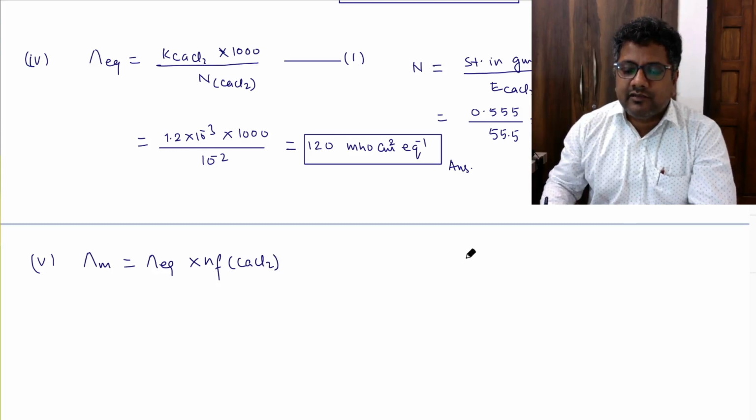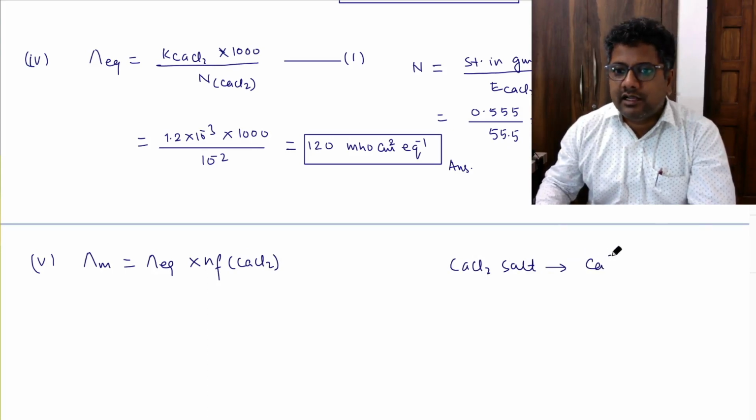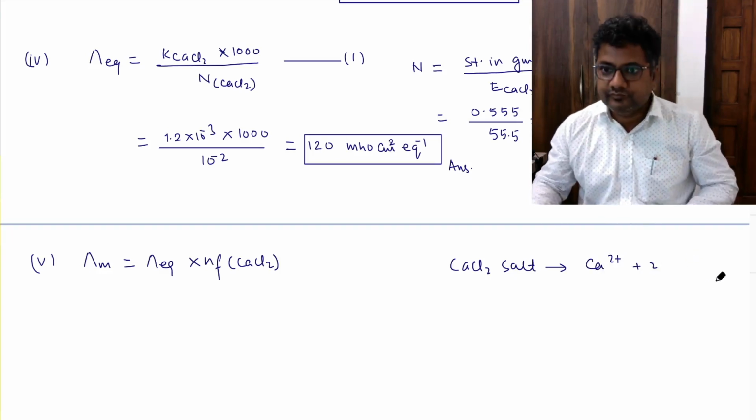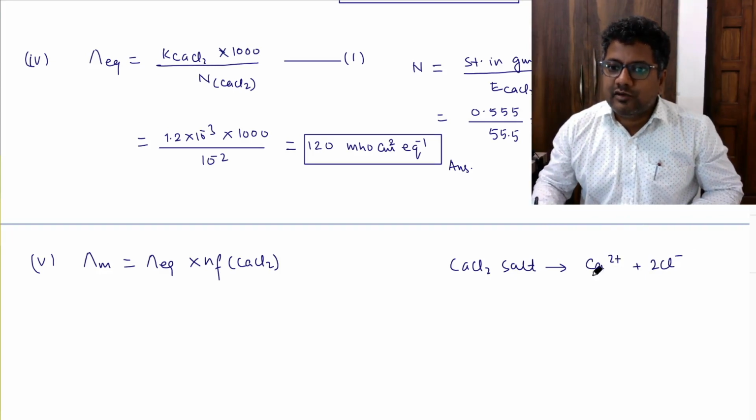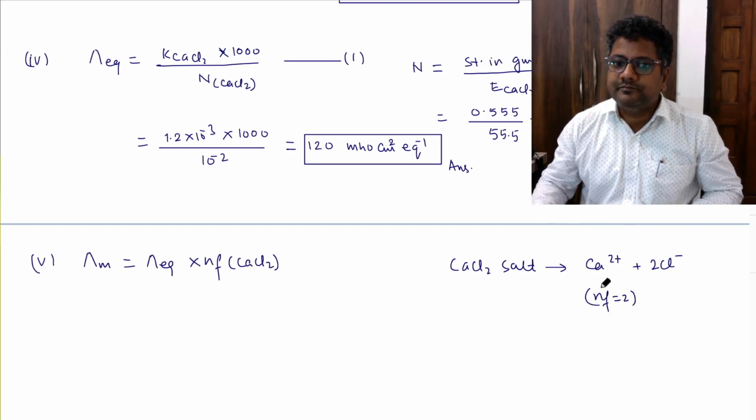CaCl2 is a salt, so the total charge on the cation or on the anion, Ca2 plus and 2Cl minus, gives an n factor equal to 2 here.